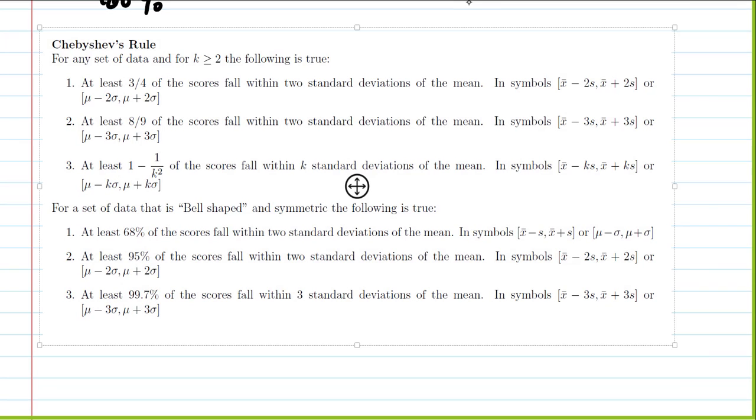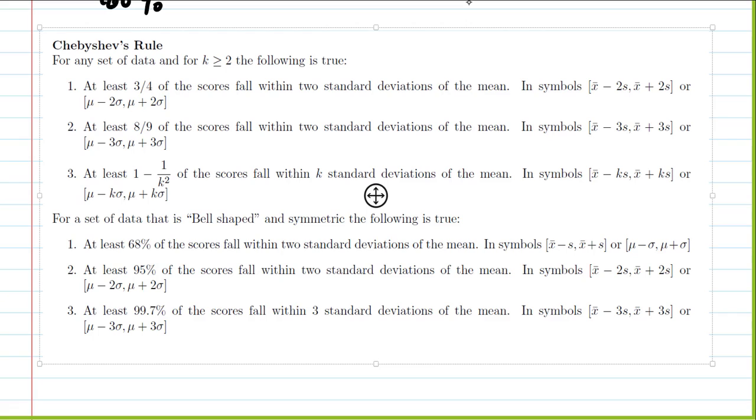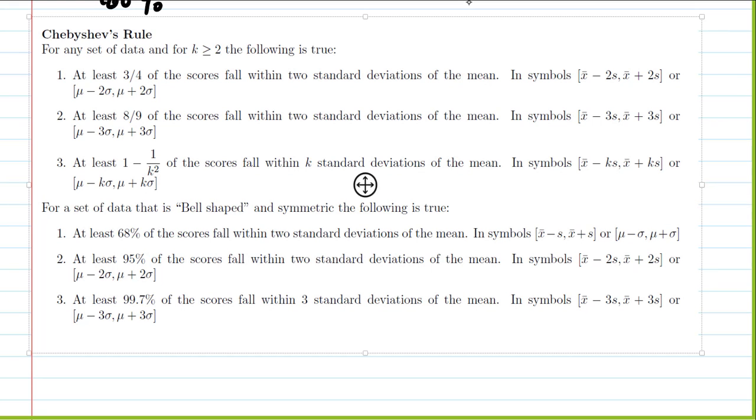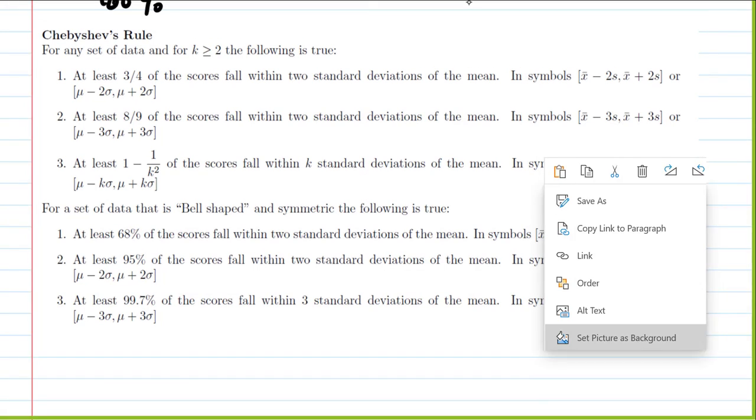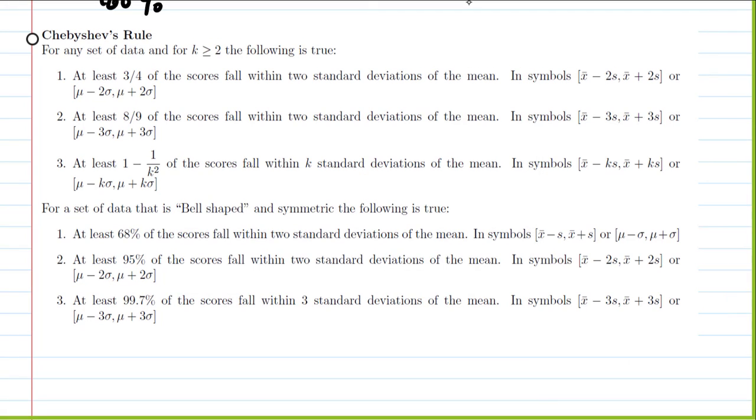So Chebyshev's rule says, for any data set and for k bigger than 2, the following pattern holds. At least 3/4 of the scores fall within 2 standard deviations of the mean. In our example, 100% did. But he says no matter what your data set is, that 3/4 of your data will always be within 2 standard deviations of the mean.